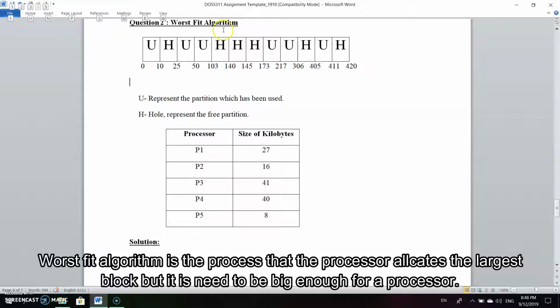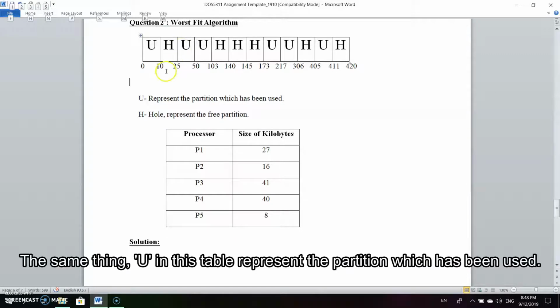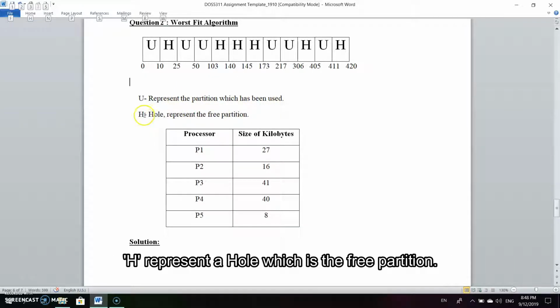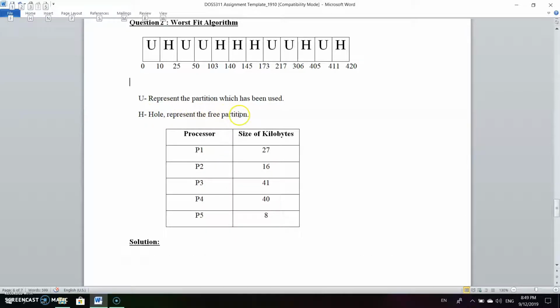Worst fit algorithm is the process where the processor allocates the largest block, but it needs to be big enough for a processor. The same thing, U in this table represents the partition which has been used. Hash represents the hole which has the free partition.